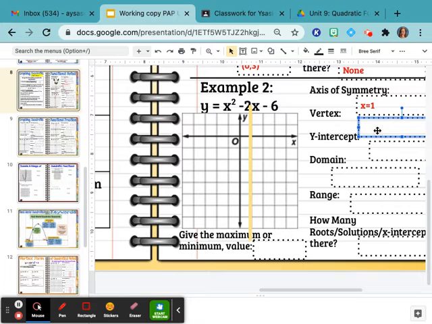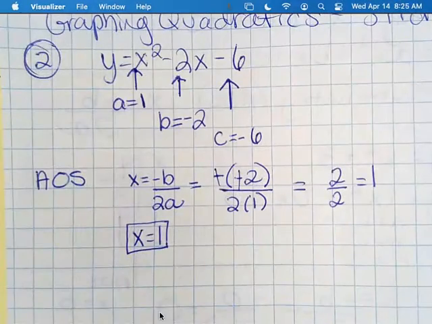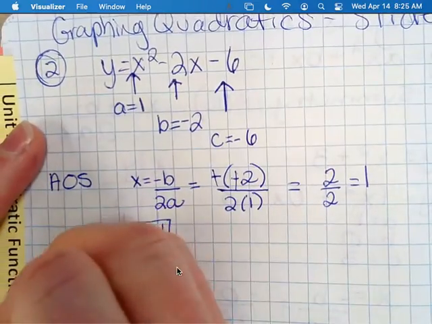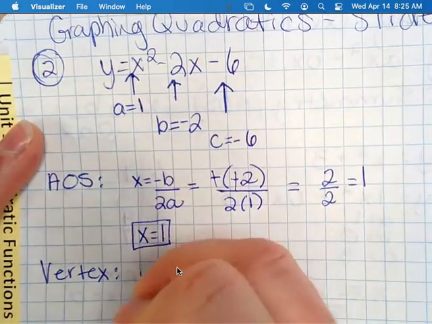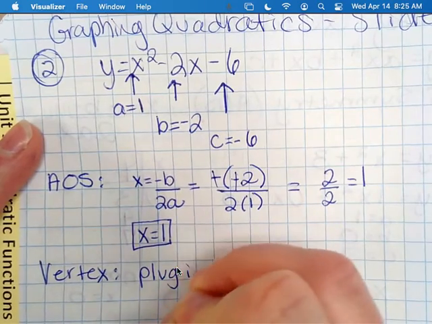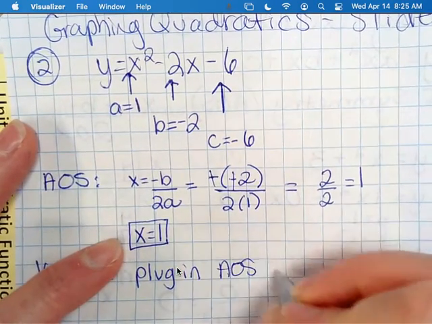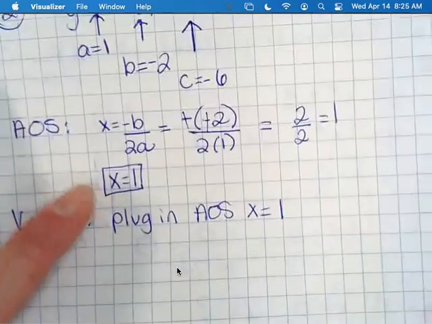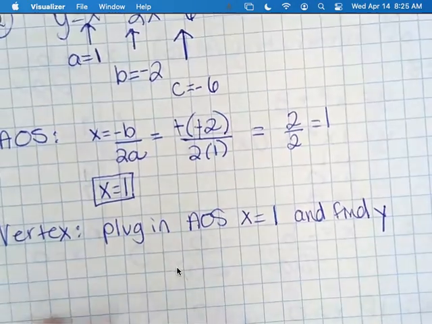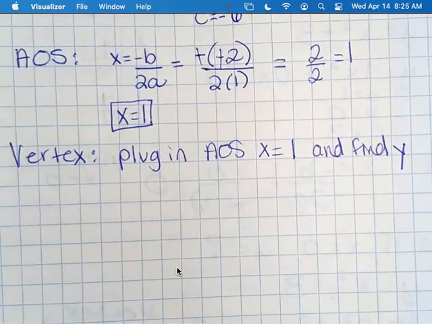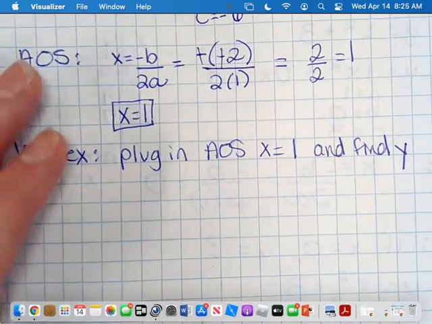Okay, now the vertex is going to be, when you plug in X, what is the output Y? So vertex: plug in the axis of symmetry, X equals 1, and find Y. And you're plugging it into our original function.